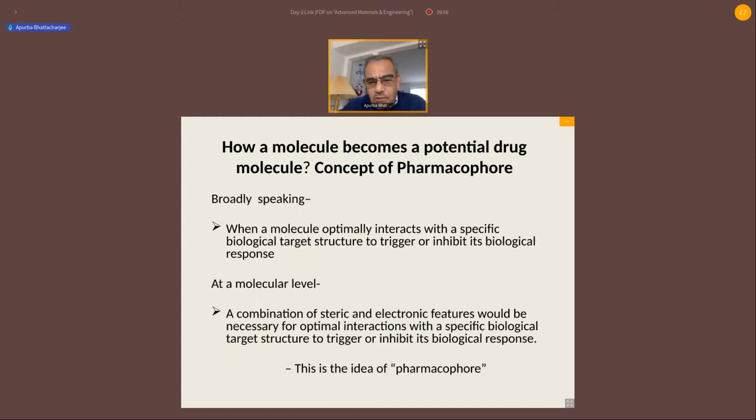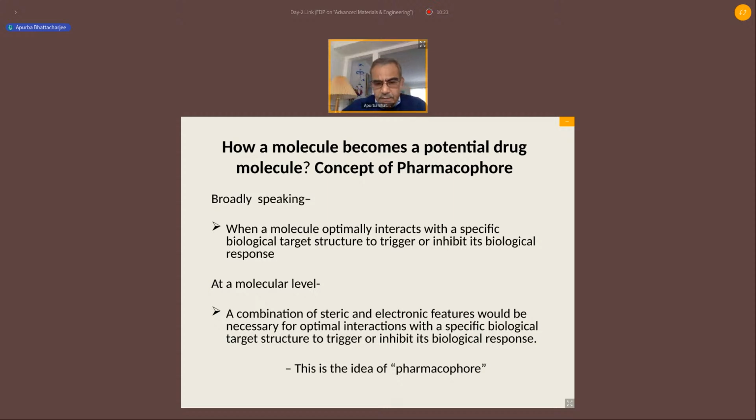This is the idea behind the pharmacophore. So a pharmacophore is essentially the stereoelectronic features of a molecule which can interact with the active site of the disease-specific biological target to trigger or inhibit its biological response, either way.